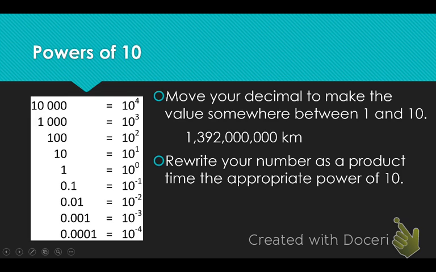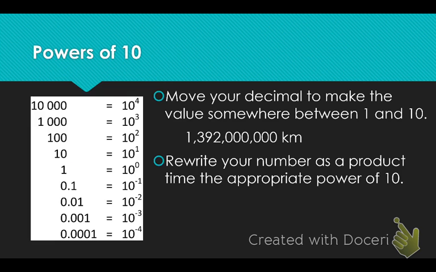Before we do scientific notation, you need to understand your powers of 10. So 1 is 10 to the 0 power, because we learned that anything raised to the 0 power is 1. But if I go up in my powers of 10, I'm just multiplying by 10. So 10 to the first power is 10. 10 to the second power is 100. 10 to the third power is 1,000, and 10 to the fourth power is 10,000.